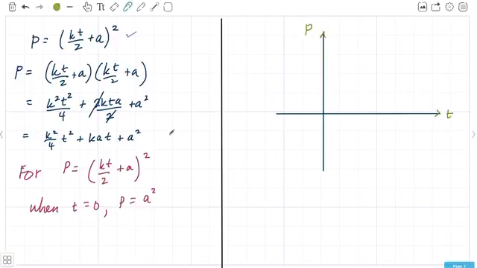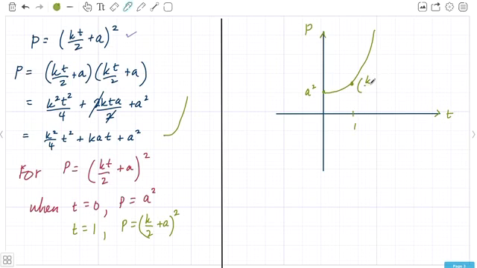It is a parabola, so that kind of shape, and you can see here that we've got an intercept on p of a squared. So it'll be that kind of shape there. Okay, you might want to give another point, maybe when t equals 1, you've got p equals k over 2 plus a all squared. So maybe point there 1, and then k on 2 plus a all squared.